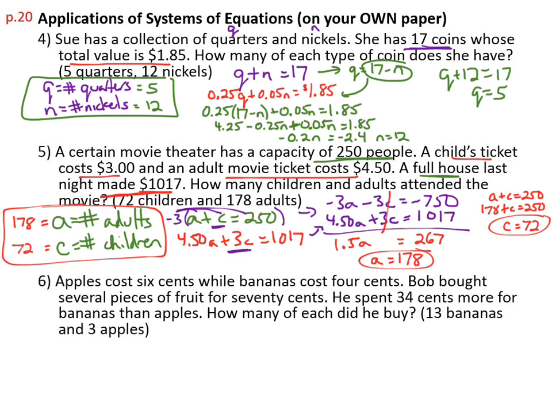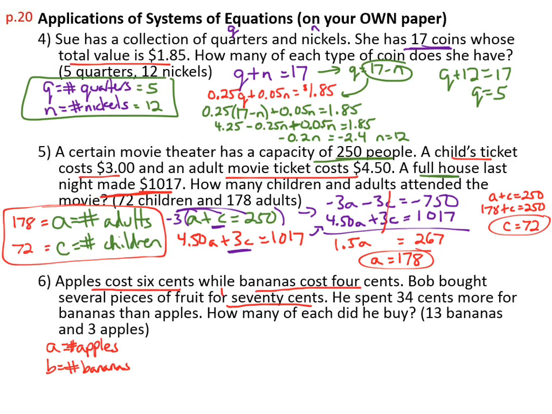If we're talking about apples and bananas, then we can easily say that A is for apples, or the number of apples that he bought, and B would be for the number of bananas. The first sentence tells us that apples cost 6 cents, bananas are 4 cents, and he bought several pieces of fruit for 70 cents.